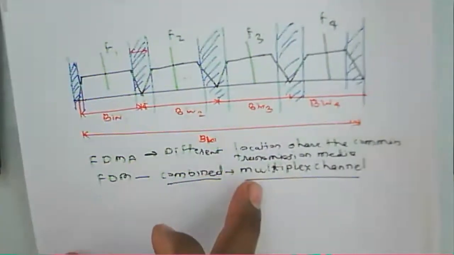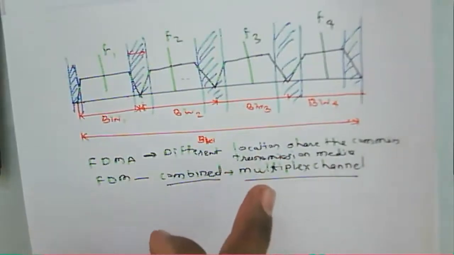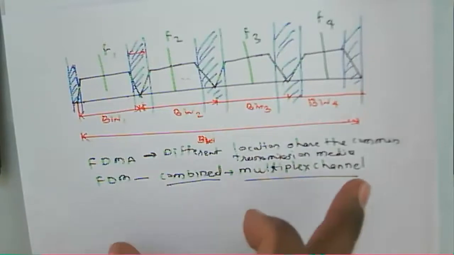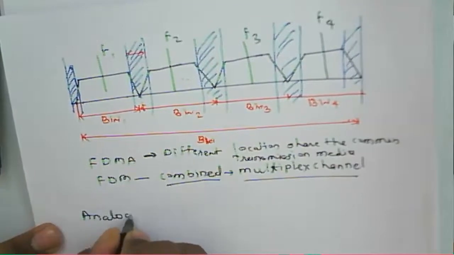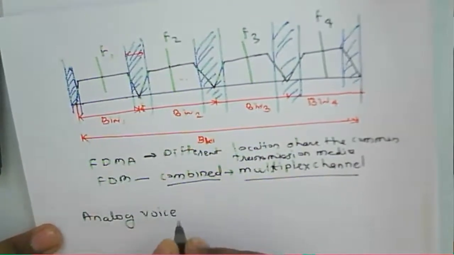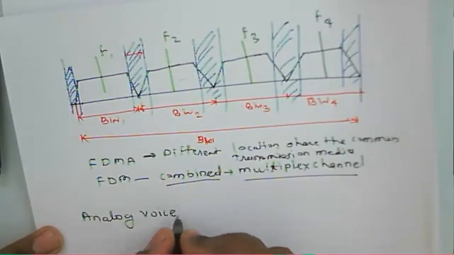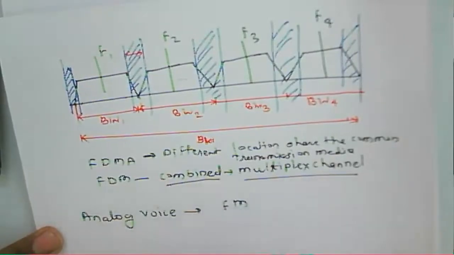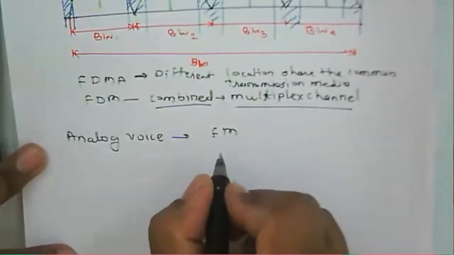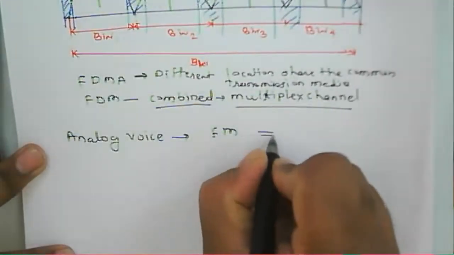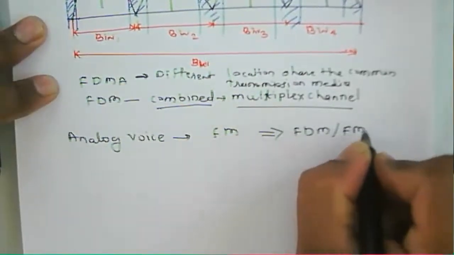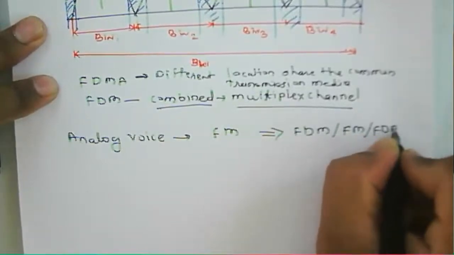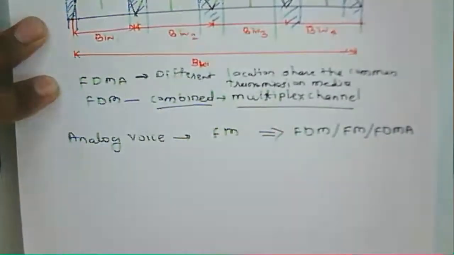In the case of FDMA, if there is an analog voice signal, then the analog voice signals are modulated with FM, and we get the FDM-FM-FDMA system.